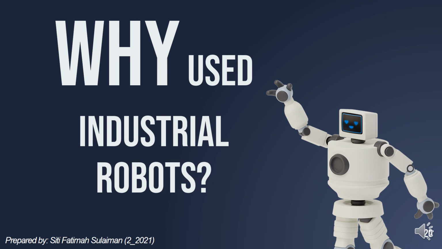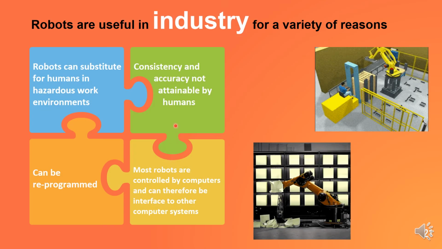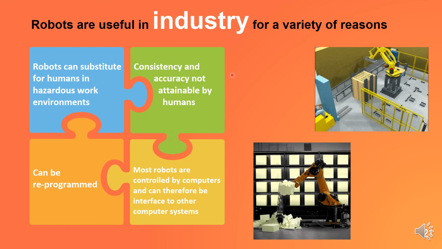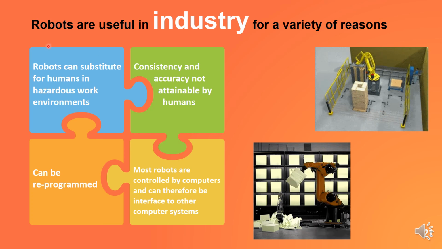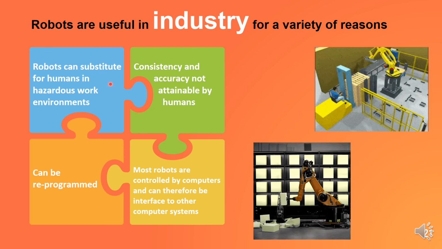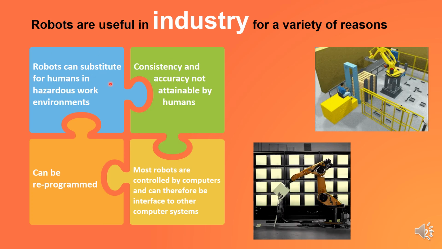Now, back to the core topic to be discussed. What is the function of industrial robots? Why use industrial robots? These are several reasons for the use of robots in industries. Robots can substitute for humans in hazardous work environments.